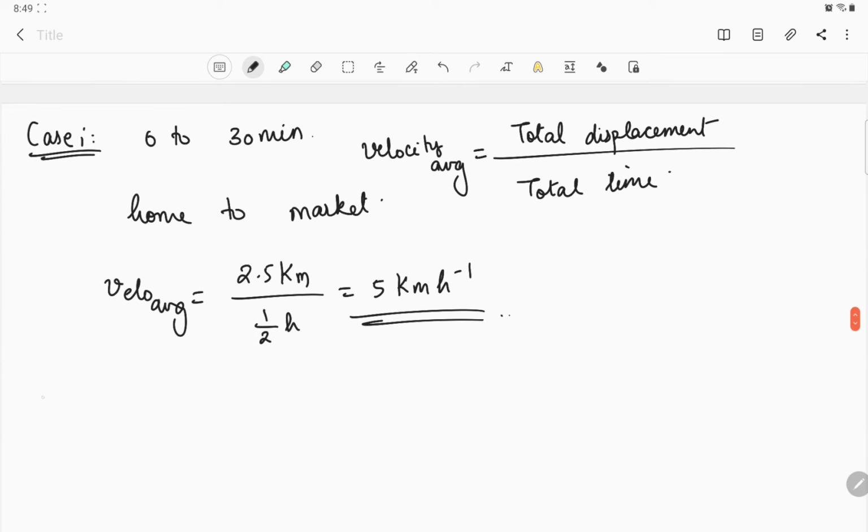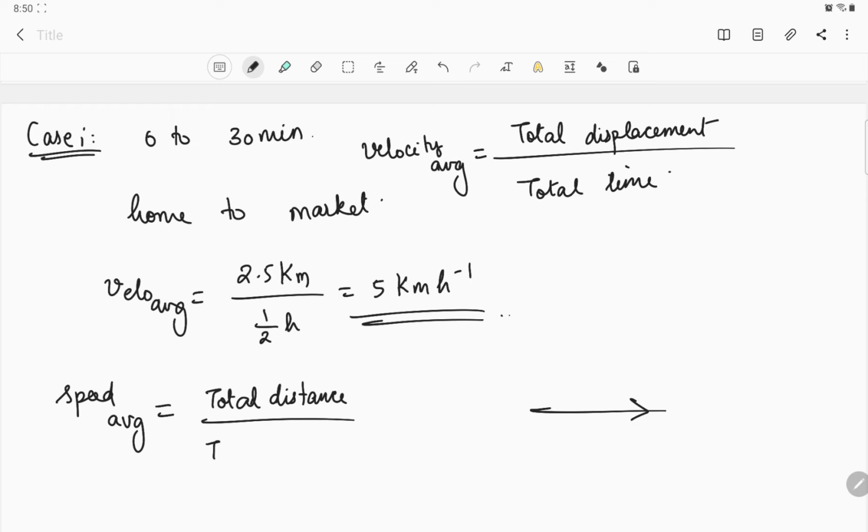But what about the average speed? Average speed will also be the same, because here the man is not turning back or changing his direction. He is just going in a straight line, at equal speed in the same direction. So his average speed will be total distance by total time. So here distance and displacement are equal.